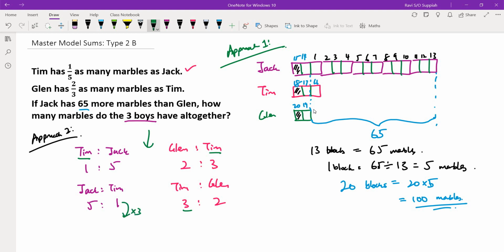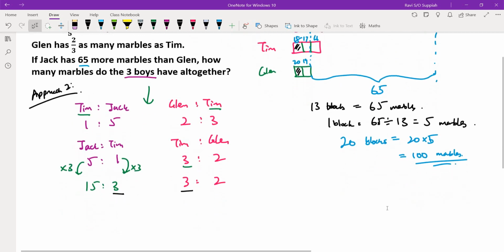If one side of the ratio is multiplied by 3, the other side of the ratio must also multiply by 3. So this will give me 15 to 3. On the right side we still have 3 to 2. So now you see that the middle term, which is representing Tim, is the same number 3.